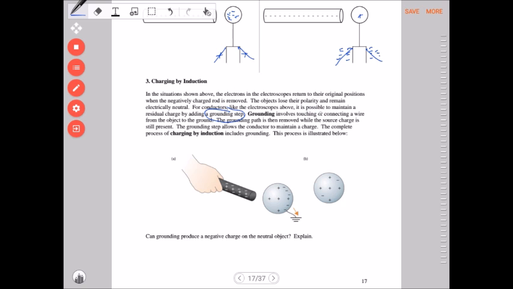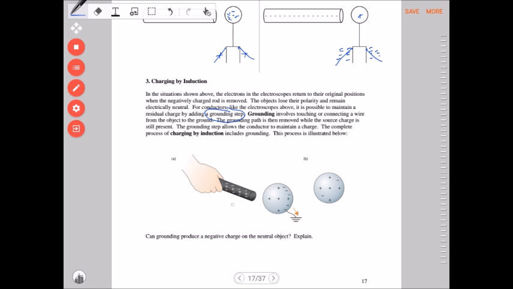Grounding involves touching or connecting a wire from the object to the ground. The grounding path is then removed while the source charge is still present, and the grounding step allows the conductor to maintain a charge. The complete process of charging by induction includes grounding. The process is illustrated below.